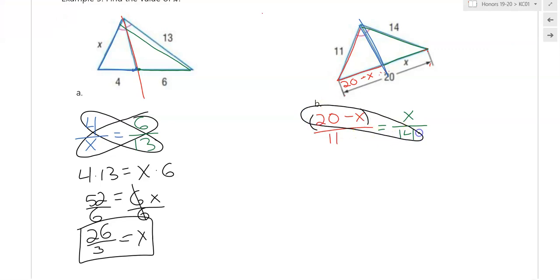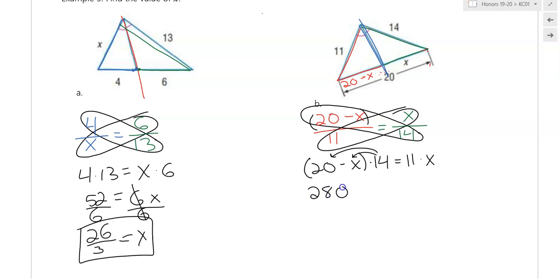When we cross multiply, I have (20 minus x) times 14 equals 11 times x. 14 times 20 is 280 minus 14x equals 11x. Since I'm subtracting this 14x, I'm automatically going to add this 14x. Also, my only constant is over here, so it's easier just to move that one over.